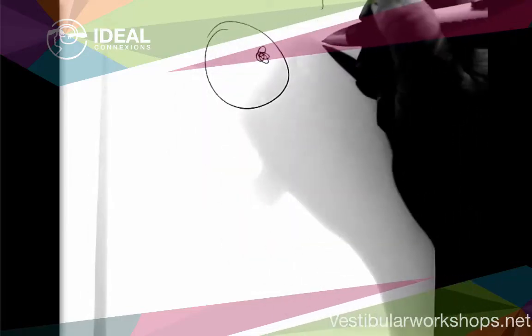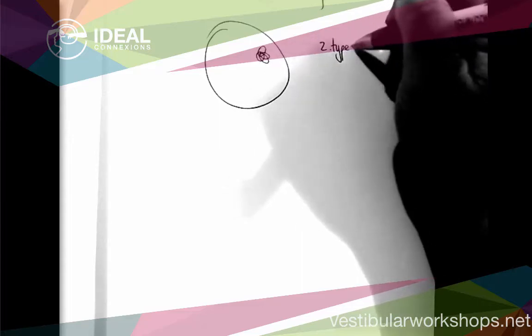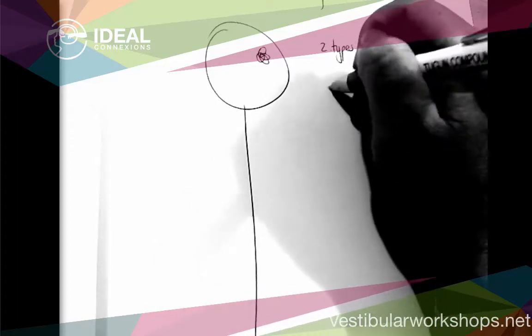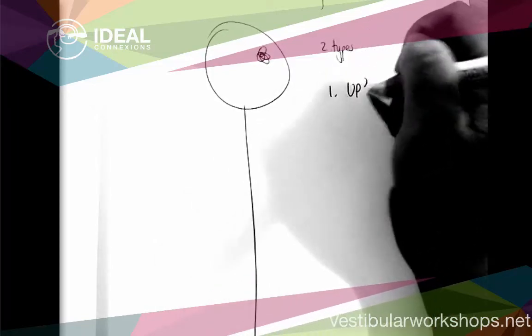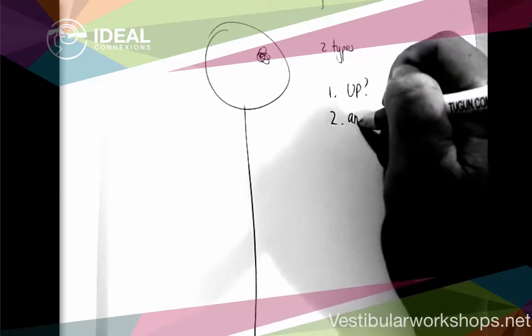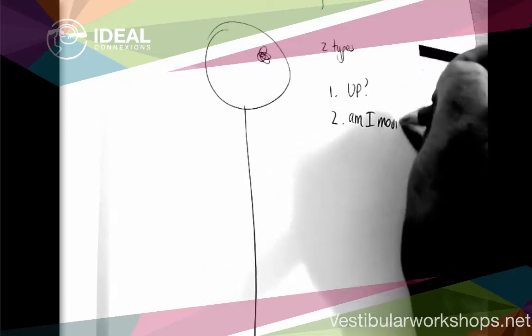The vestibular system actually is inside a bony head. It's 3 canals and a little chamber that has 2 types of receptors. And all it really cares about is telling you, 1, which way's up, and 2, am I moving?